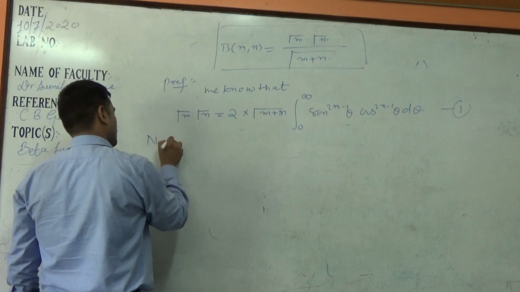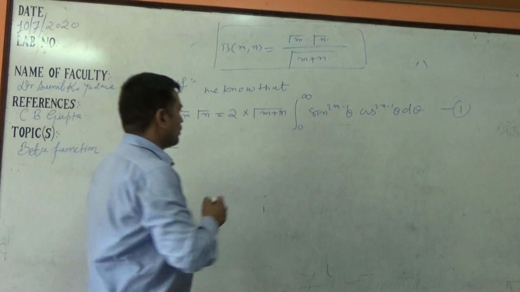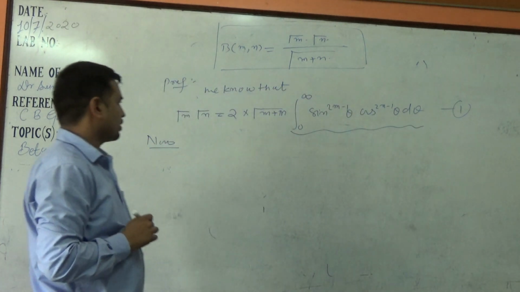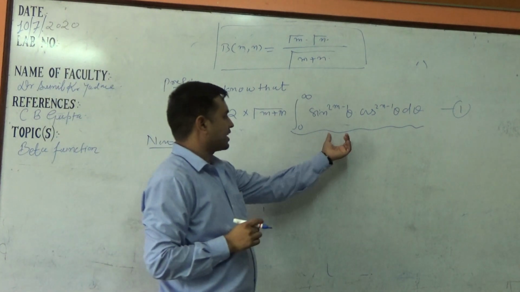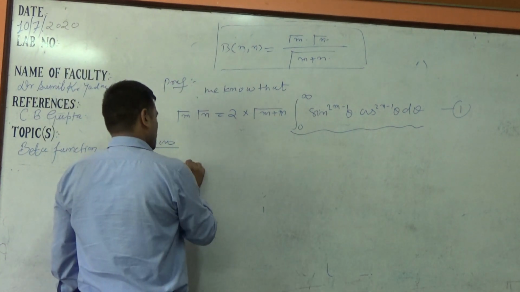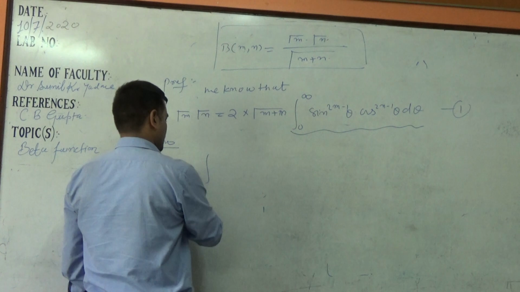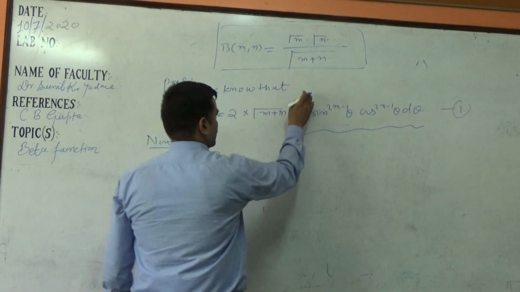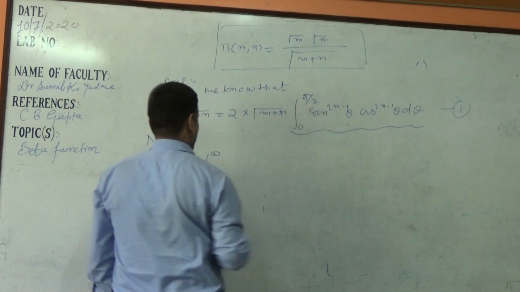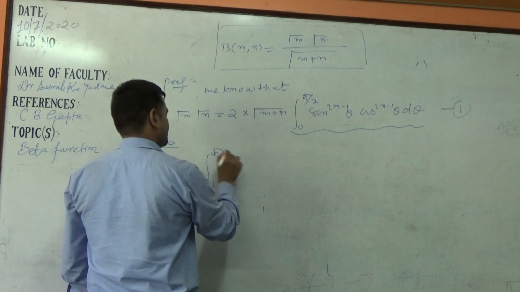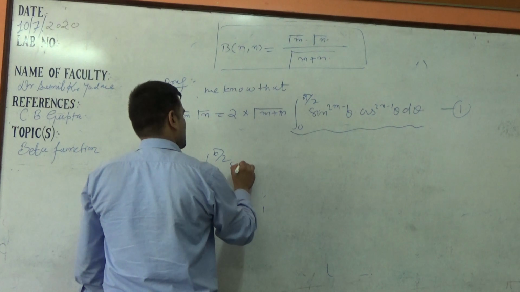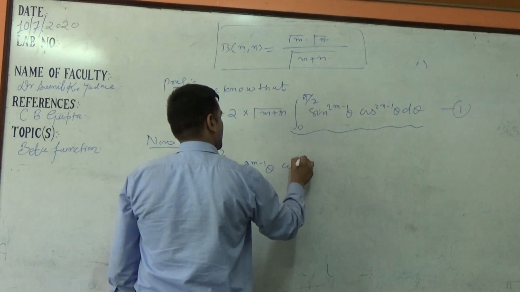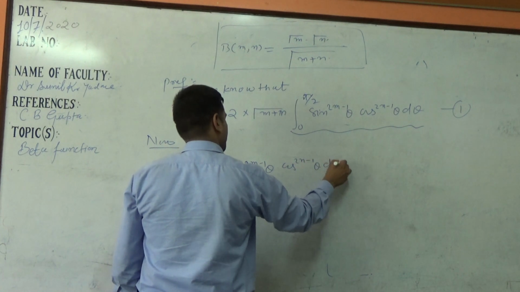Now, first of all, we want to evaluate this integral: 2 times the integral from 0 to pi by 2 of sin raised to the power 2m minus 1 theta into cos raised to the power 2n minus 1 theta d theta.